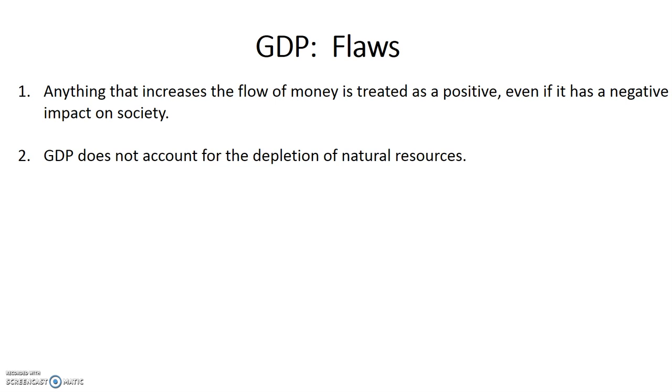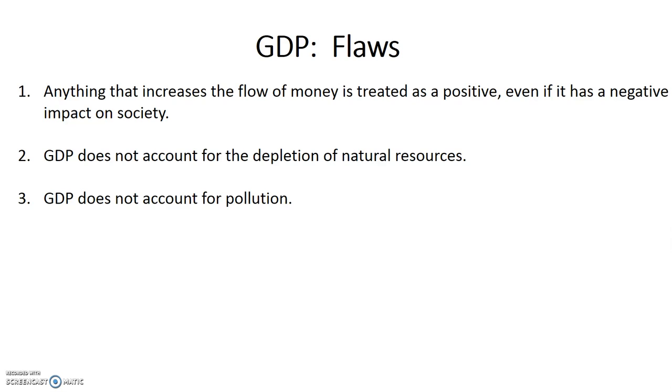Chopping down the first tree and chopping down the last tree are treated equally. Further, accelerating the extraction of oil or the chopping down of trees is seen as a good thing, even if it's being done non-sustainably, and is actually destroying the use of that resource for the future. So poor countries may race to exploit their natural resources in an attempt to increase their GDP.